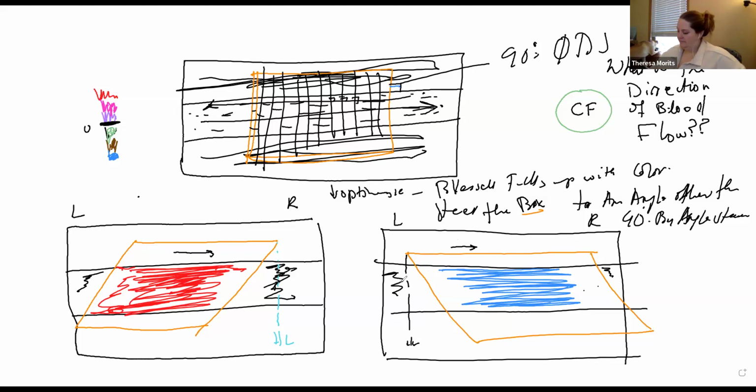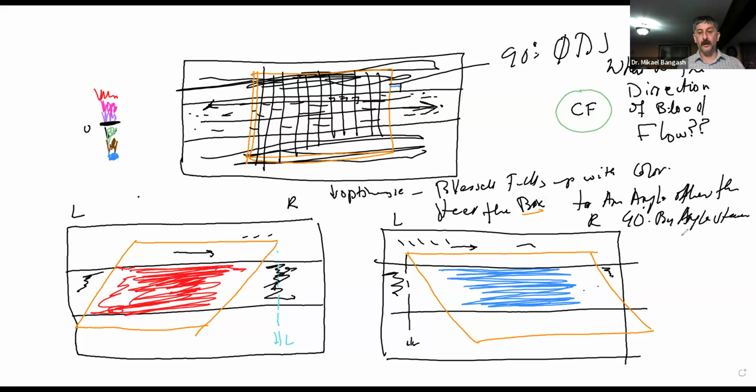So what will be the first thing to do? Once you turn on your Doppler and locate the blood vessel, if you don't see color, at least make sure that the angle of your box, which represents the direction in which the beam will be steered, is at any other angle than 90 degrees.